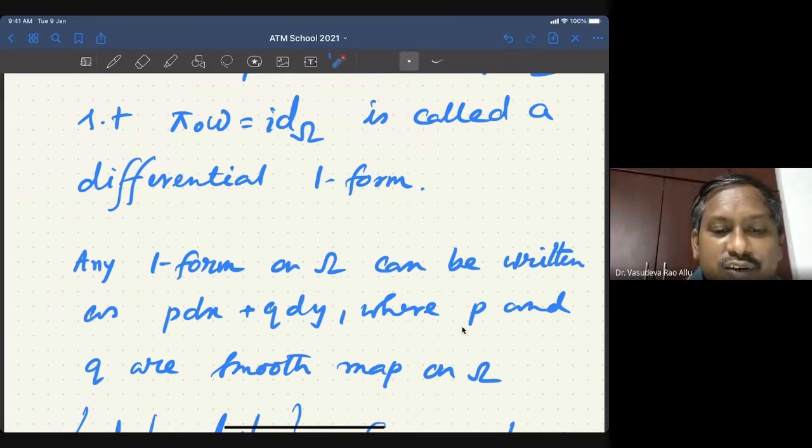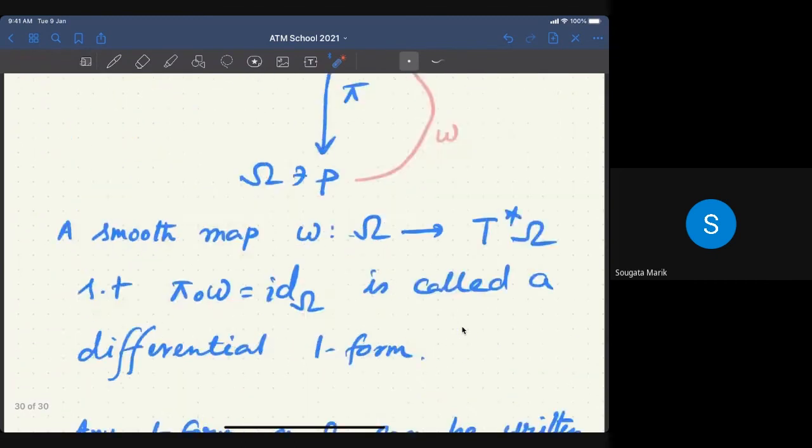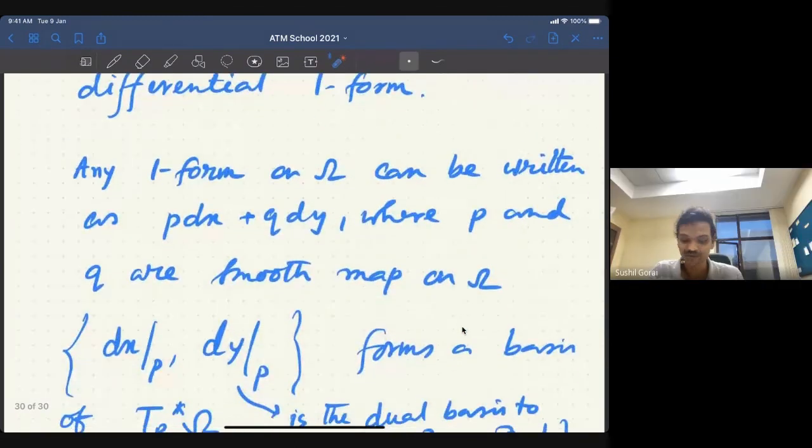So any questions from the participants? If this is a one form, how will a two form look? Oh, two forms?